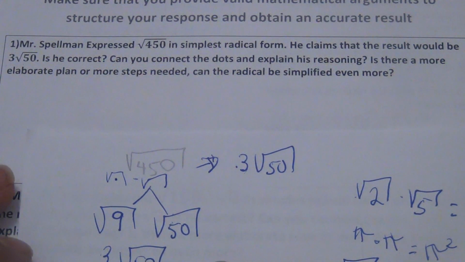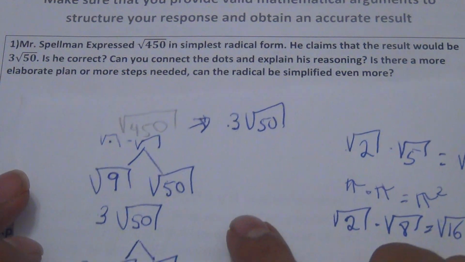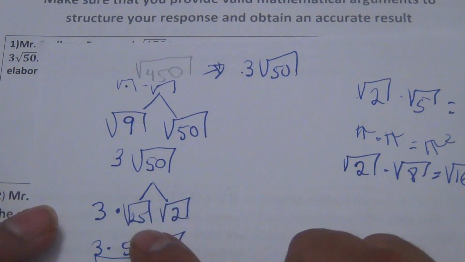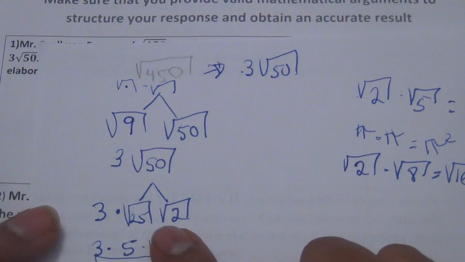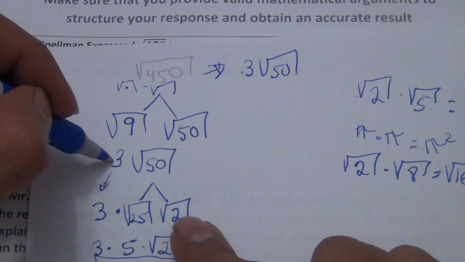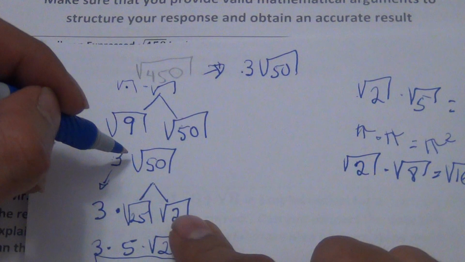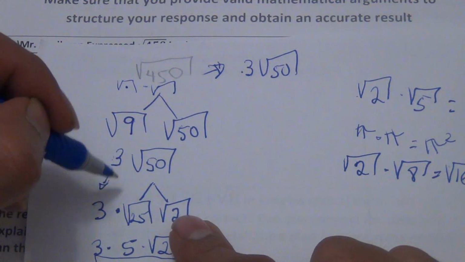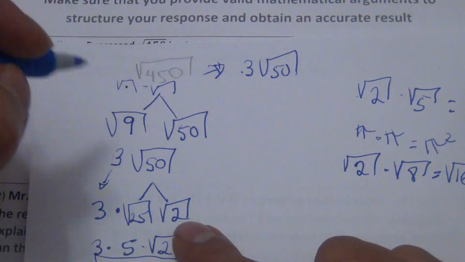All right, but the thing is that 50 can be simplified even more. Look, 50 can be turned into 25 and 2. Radical 25 times radical 2 is radical 50. Never forgetting that you had a 3. This is read as 3 times radical 50. So you bring down the 3, then times radical 50, which is radical 25 times radical 2.